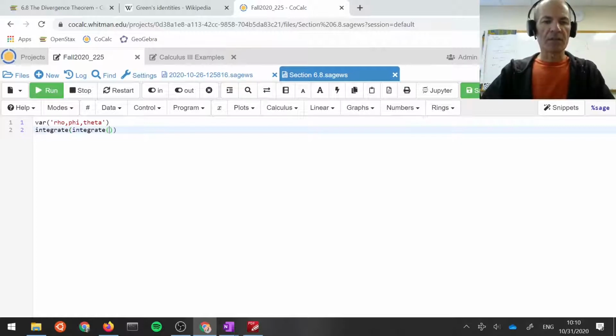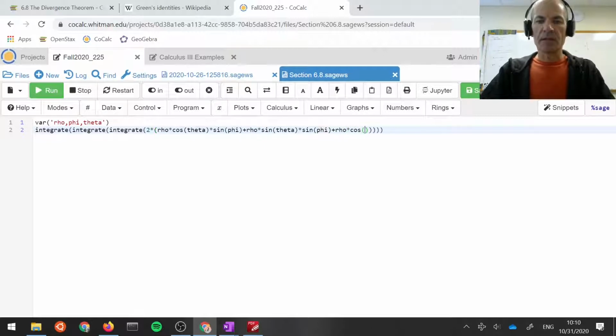We're going to integrate 3 times, like that. 2 times the quantity, rho cosine theta sine phi plus, let's see, rho sine theta sine phi plus rho cosine phi.